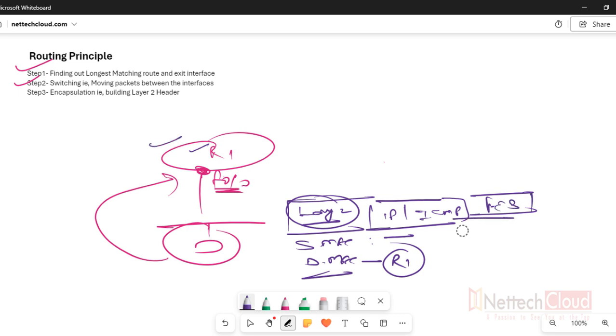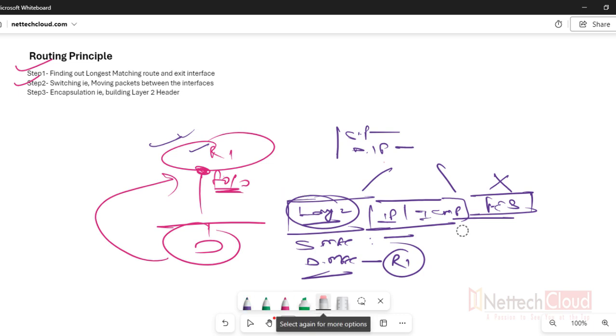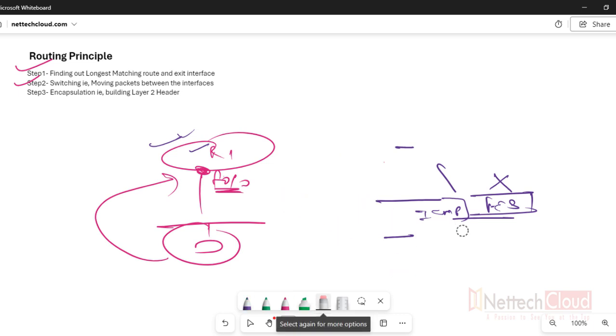So what R1 does: after performing error checking, running CRC, the layer 2 header is removed, and of course FCS is removed, and the packet is extracted from this frame, with the IP header, meaning source IP and destination IP, right? So R1 performs a routing table lookup, all done. Let us assume all is done properly, there is no issue, right?